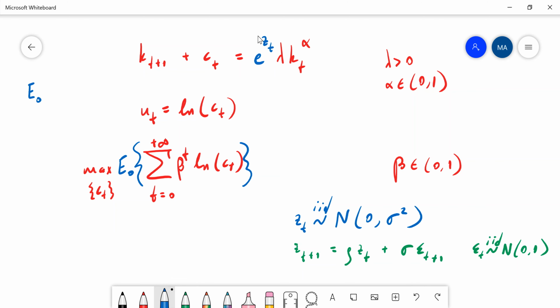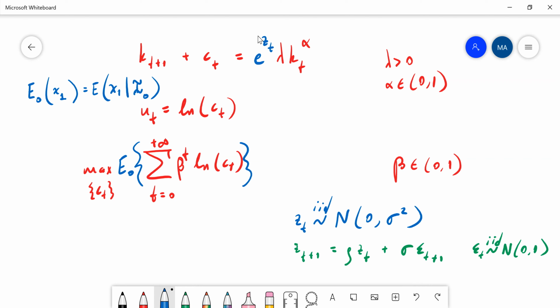So this means if I want to form the expectation of a variable, I'm taking the expectation of this by using all the information I have in period 0. I0 here is the information set.